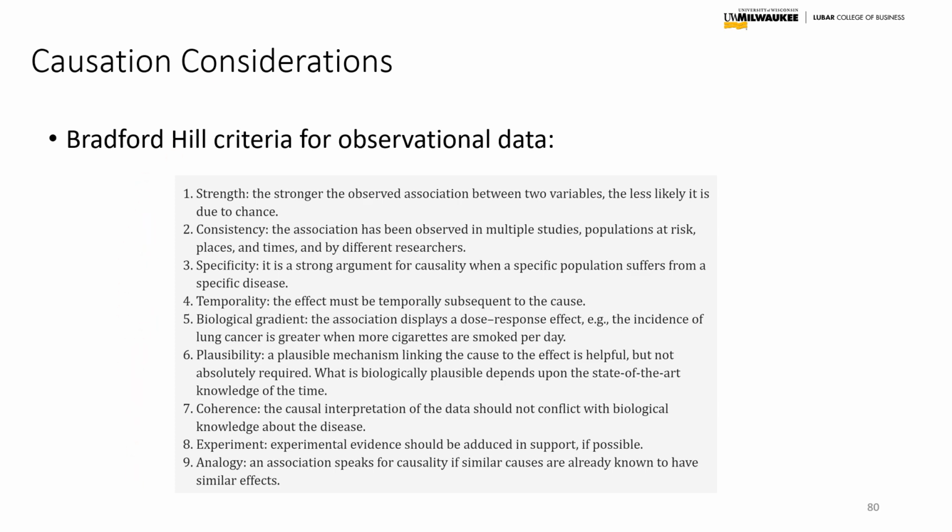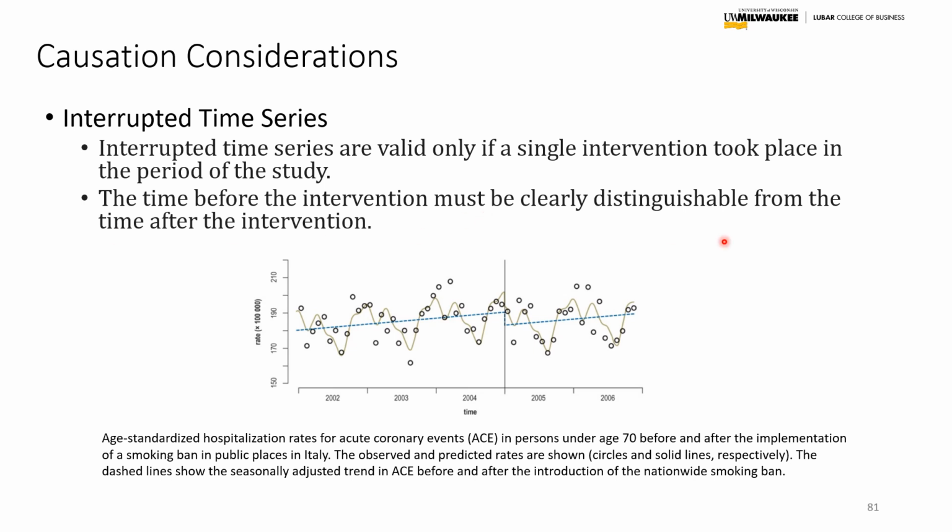Another situation that gives us strength toward causality, and it was listed as one of the criteria on the previous slide, the one related to timing, is what I'll call interrupted time series, or sometimes called intervention analysis.